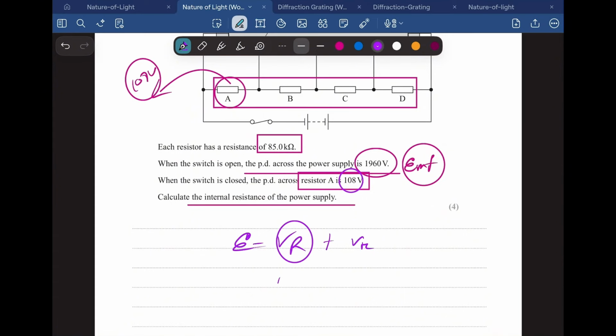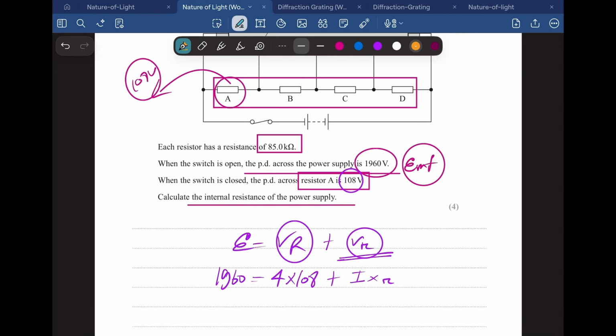It will have 4 into 108, and we know the EMF value was 1960 right here, plus the voltage of the internal resistor. We know the voltage of the internal resistor is equal to current into the internal resistance, right?